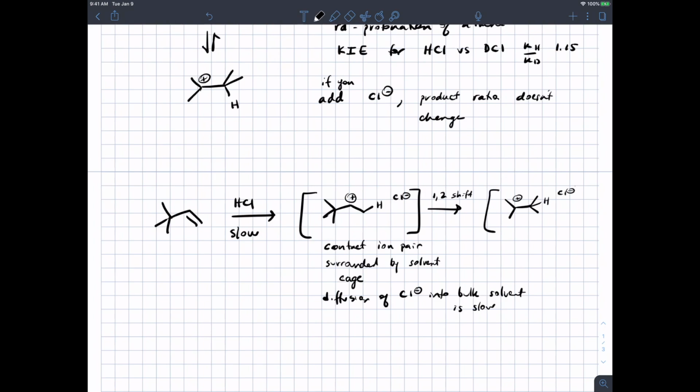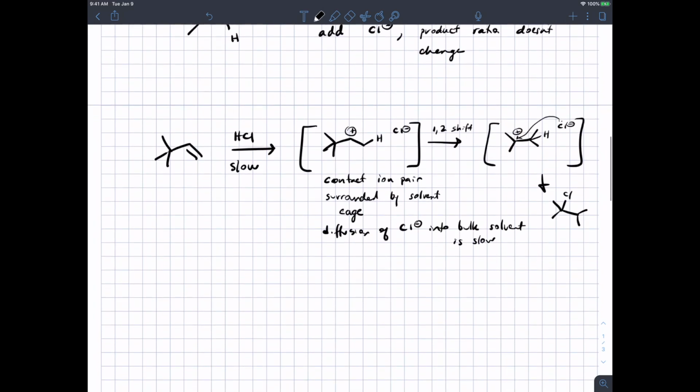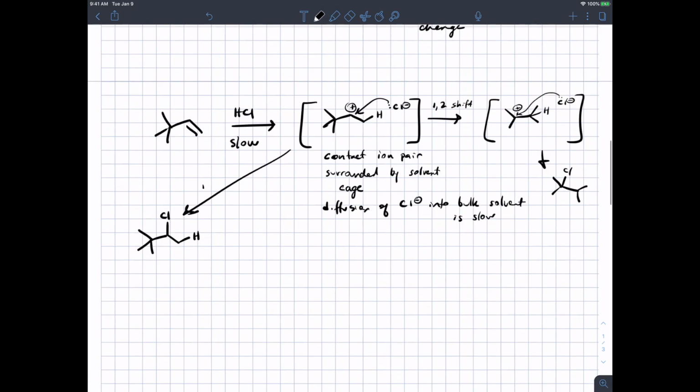And so then Cl minus can hop right on there without any interference from acetate. And the unrearranged product probably comes from immediate recombination of Cl minus, immediate attack of Cl minus on that carbocation in the contact pair.